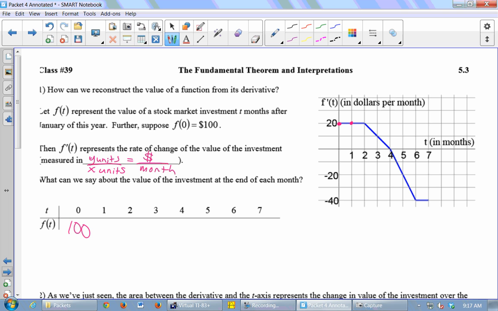Well, sorry, at month 0, my rate of change was $20 per month. So I started at $100, and my value was changing by $20 per month positively. So what should my investment be worth at the end of month one? $120.